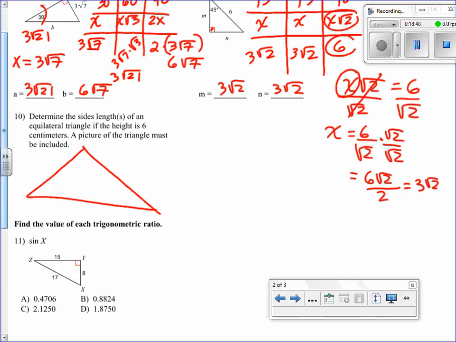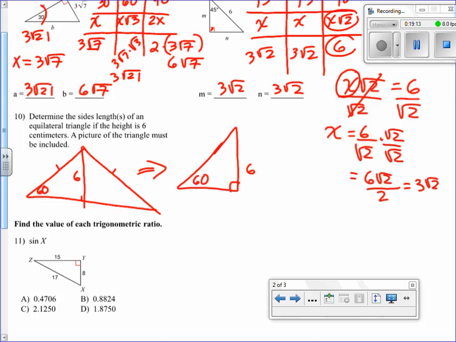We have an equilateral triangle. That means all the sides are the same. But we don't know how long the sides are, but they did tell us what the height was. The height is 6. Now, if you have an equilateral triangle, all the angles are the same. So that means that this is 60 degrees. So I could pull that out and just deal with that triangle right there.